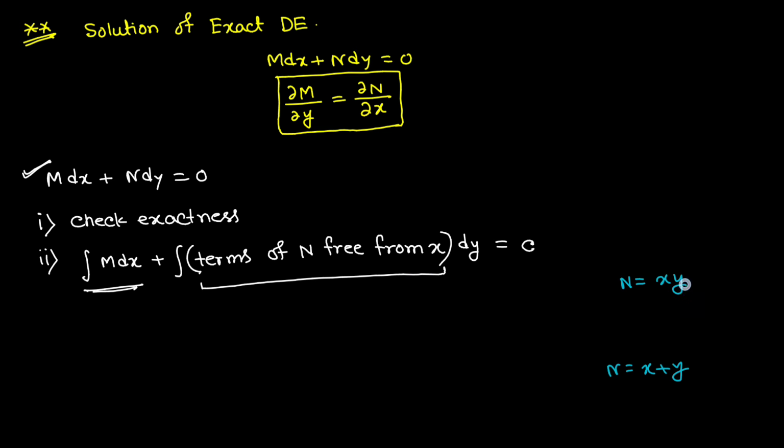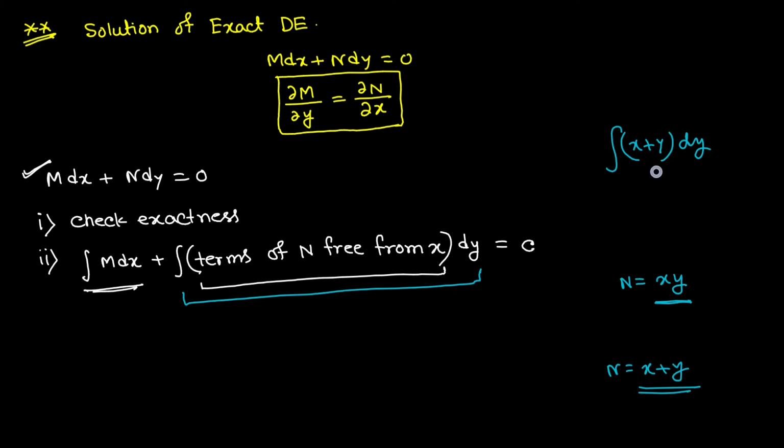But in this expression xy, you cannot separate the value x from y because this is in product form. But in this expression x plus y, you can separate the value of x. How? Because if I write this is x plus y dy, just I am calculating this portion.